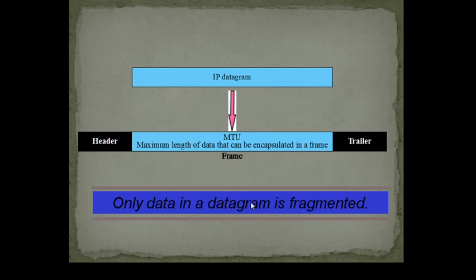So we will fragment the data part of the IP datagram into multiple chunks, each chunk of a capacity according to the physical network, right? So we are calling it MTU, maximum transmission unit.